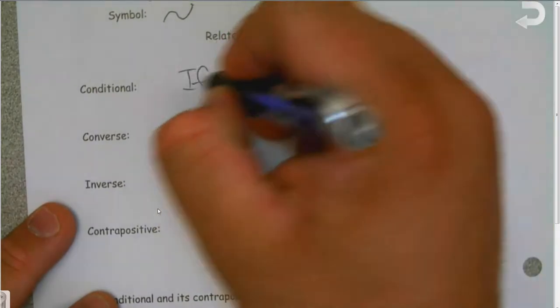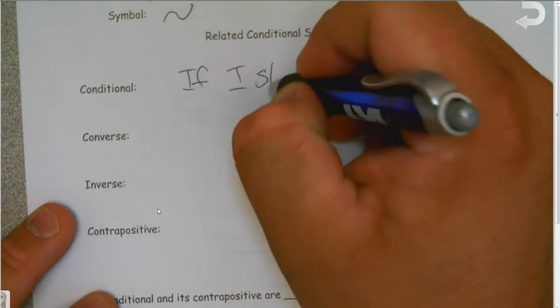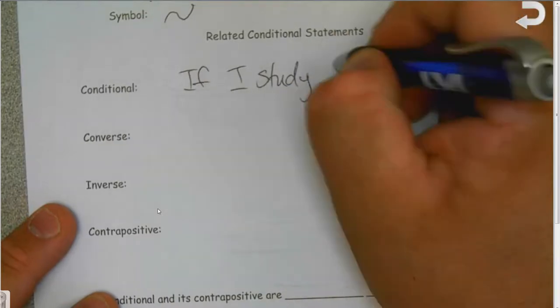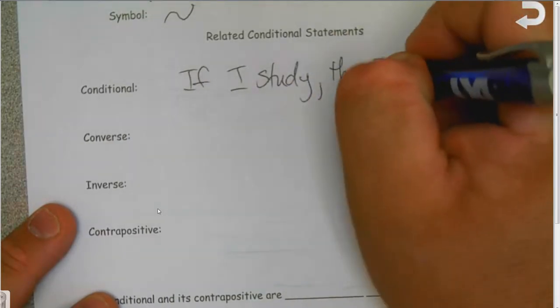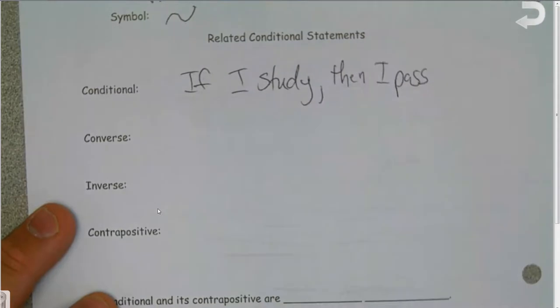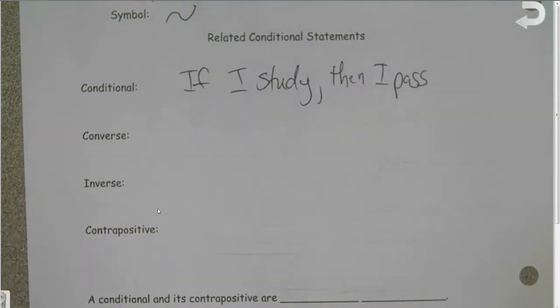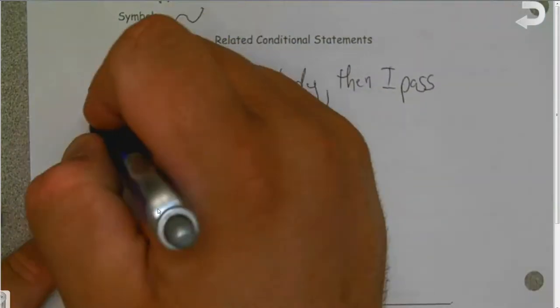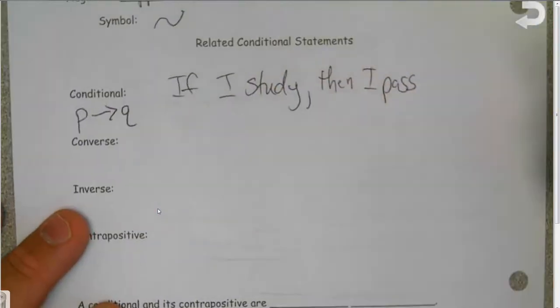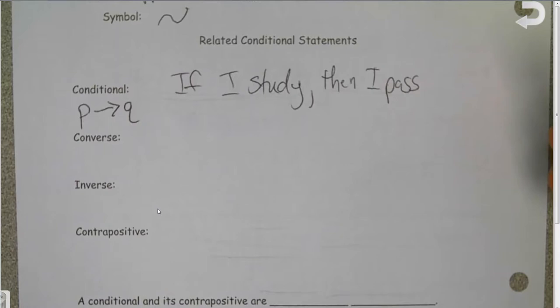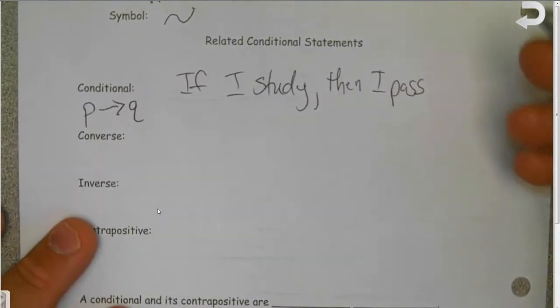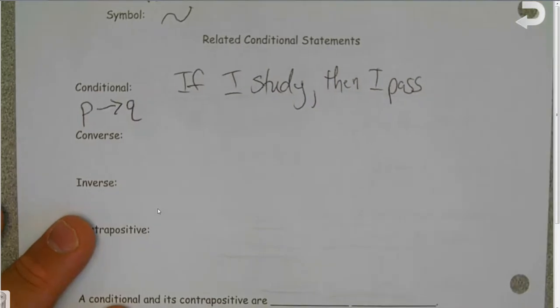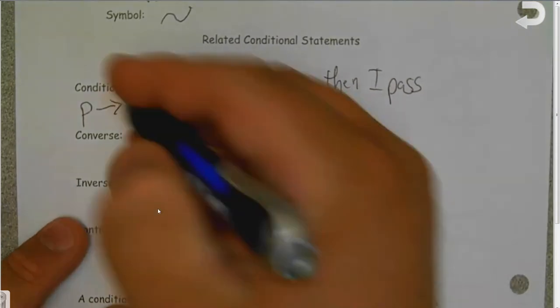If I study, then I pass. We'll just keep it real simple. If I study, then I pass. This is our P to Q statement. It's written in if and then, and it has a hypothesis and a conclusion. The first thing that we have to understand is that a conditional can also have a converse.